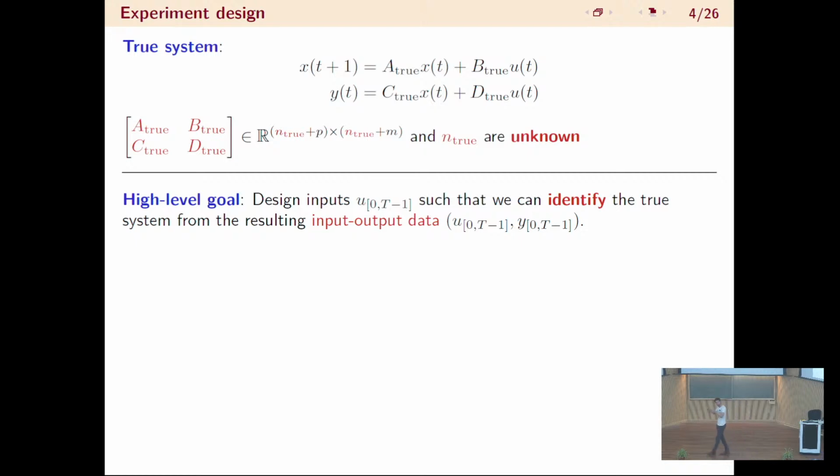I apply those inputs to my system. In the end, I obtain this input-output data, u, y, and I want to guarantee that my choice of inputs is correct, in the sense that after collecting all these data, I can indeed identify the system. That's my goal.